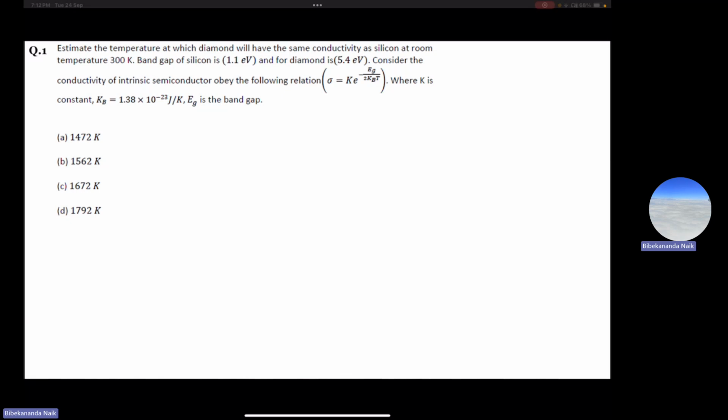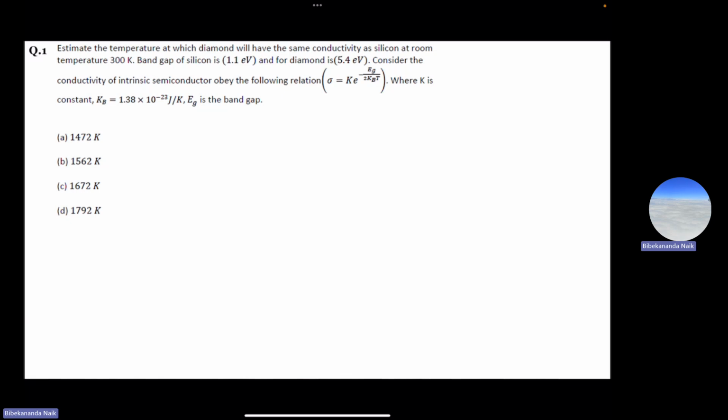Question number 1, it says: estimate the temperature at which diamond will have the same conductivity as silicon at room temperature, that is 300 Kelvin. The band gap of silicon is 1.1 electron volt and for diamond is 5.4 electron volt.